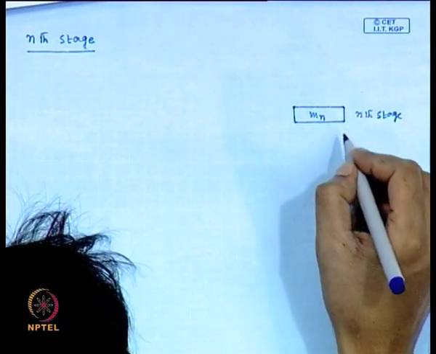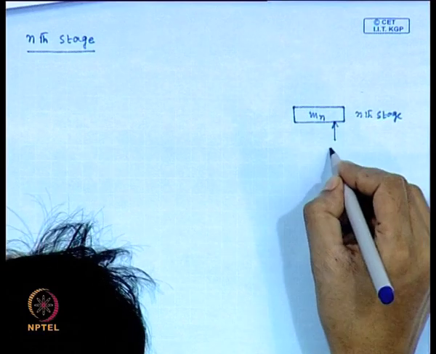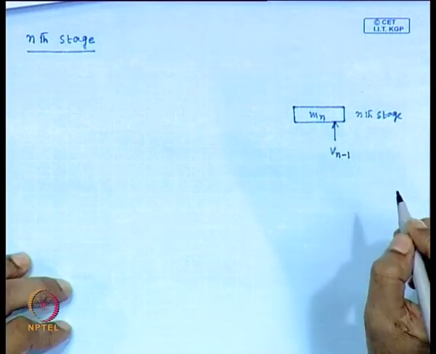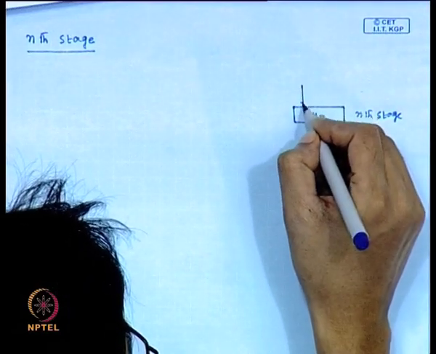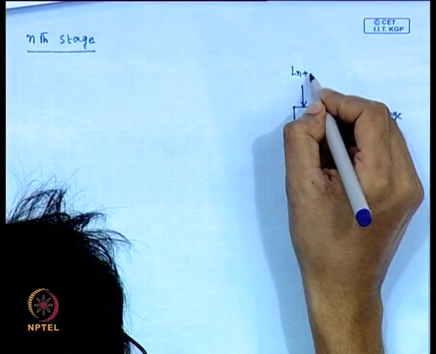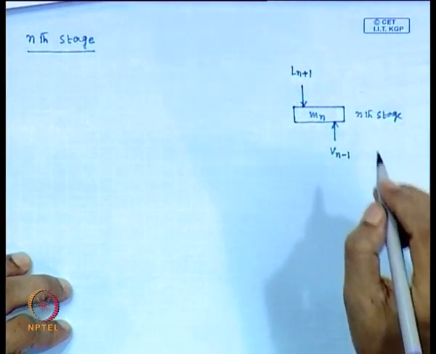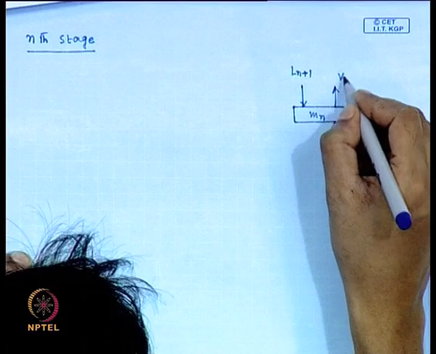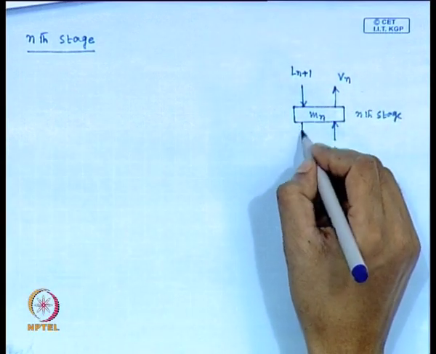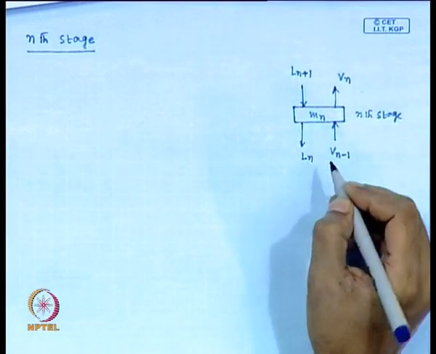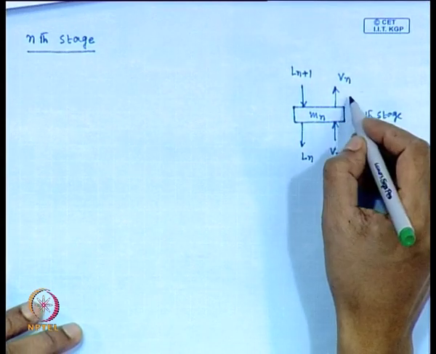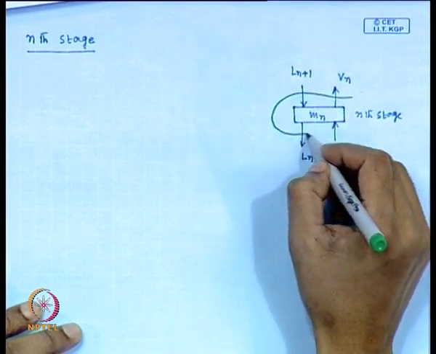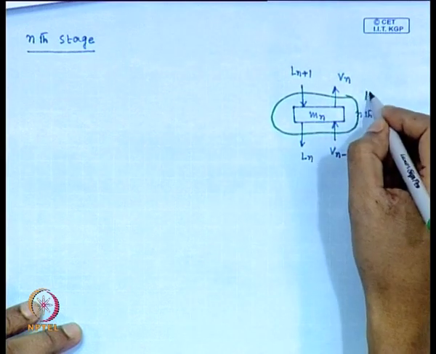Input streams are one is V n minus 1 and another one is L n plus 1. Outgoing streams are V n and another one is L n. Fine. This is the schematic of the nth stage. So, this is the third envelope.